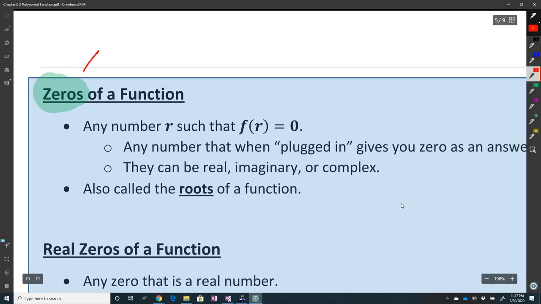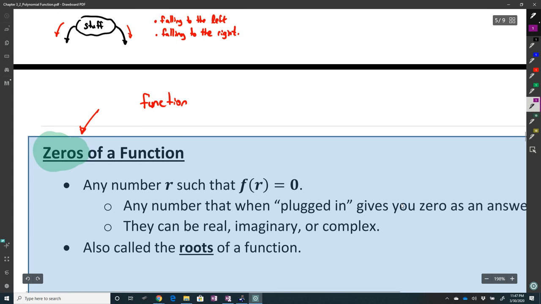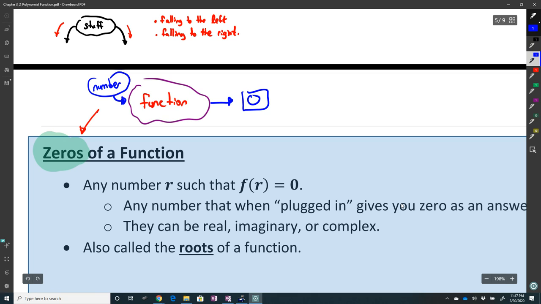So a 0 is any number where you plug it in. So you have a function, and let's say you get a number. You plug it in, and it pops out 0 at the end. So anytime that happens, that is called a 0.